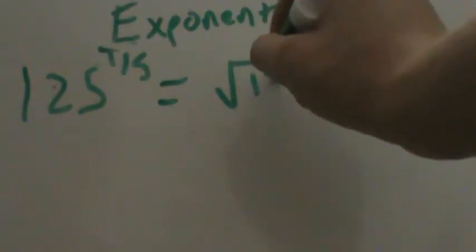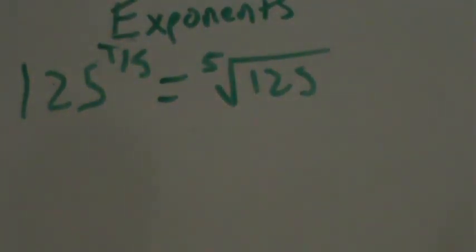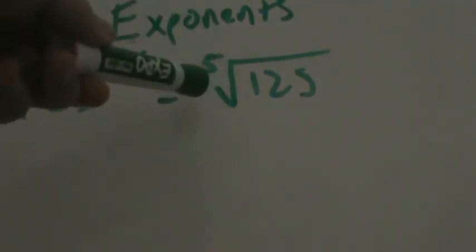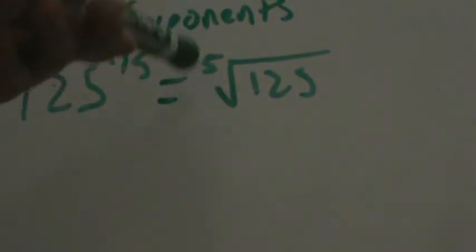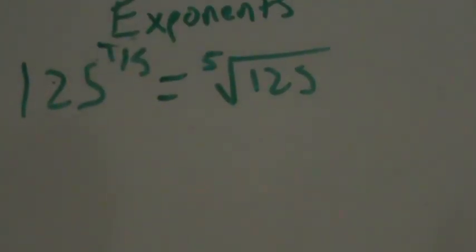This is equal to the square root of 125. Well, actually, you wouldn't call it the square root, you'd call it the 5th root of 125. So basically here, I won't simplify this, but you'd find what the 5th root of this was. So, what number multiplied 5 times will give you 125.